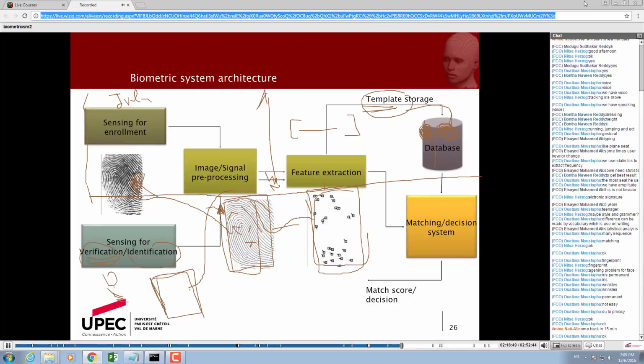And what will be the next step? Also pre-processing, and we run the same algorithms as we did before. We run the first algorithm to pre-process the image, then we extract features, then we extract a verification vector. Okay, so we extract one vector.